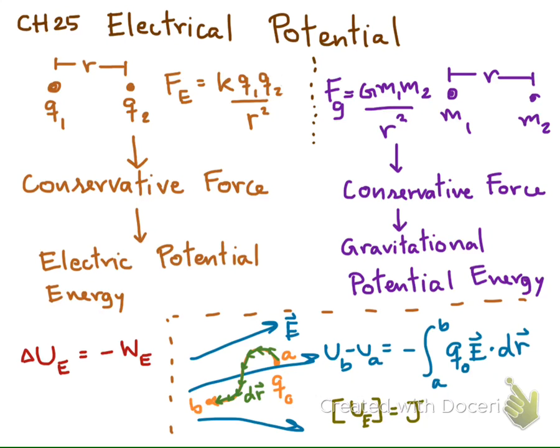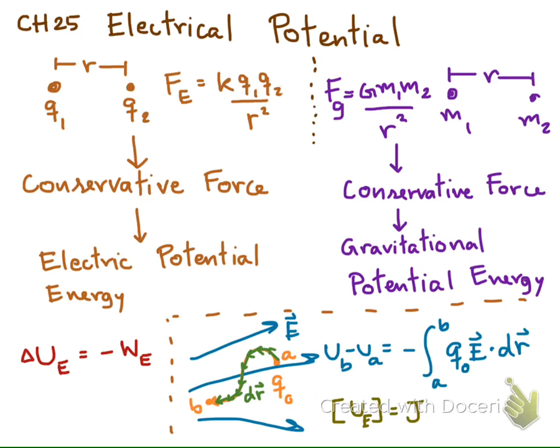Sometimes we cannot, but most of the time we can choose some reference point and set the potential energy equal to 0 at that point. Okay, so this is a general picture of the electric potential energy.